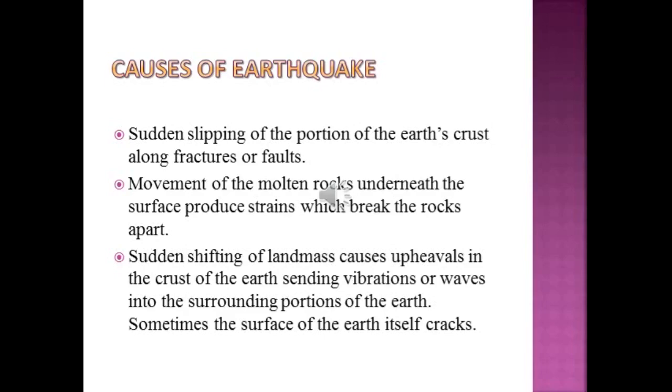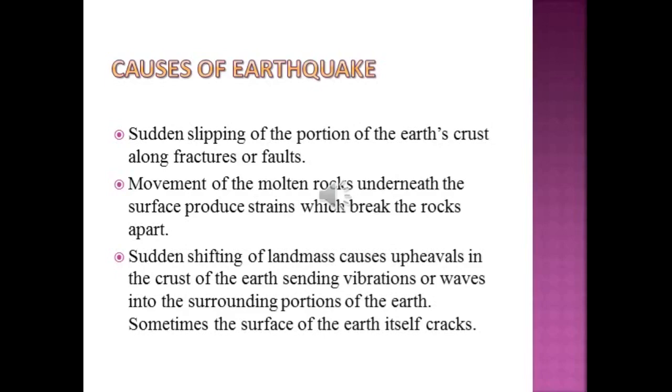In the mantle region there is rock in molten form, and our crust floats over that molten rock. The heat from the interior of the molten rock causes the plates to float.